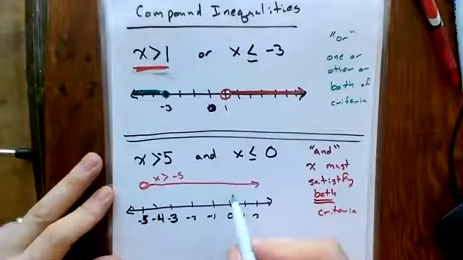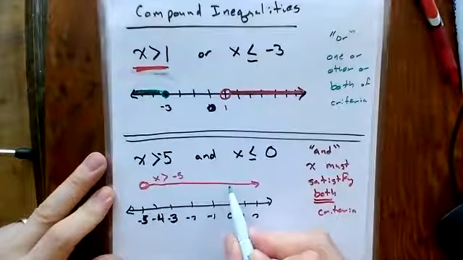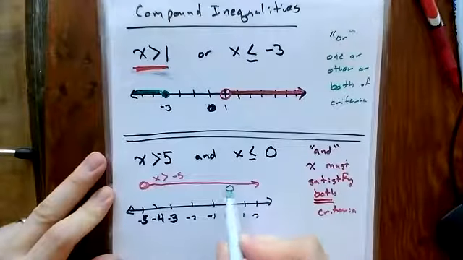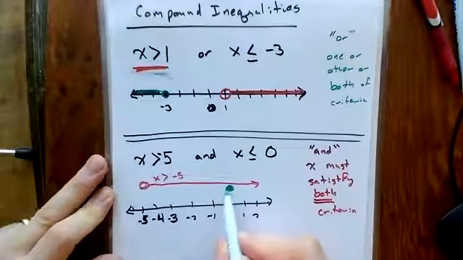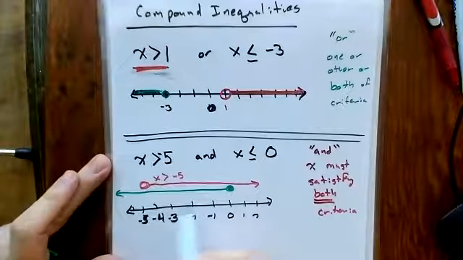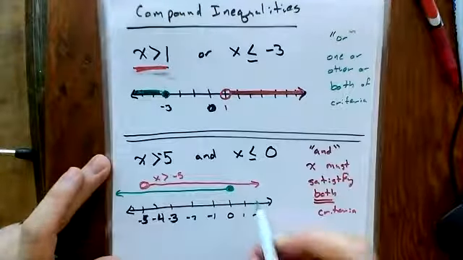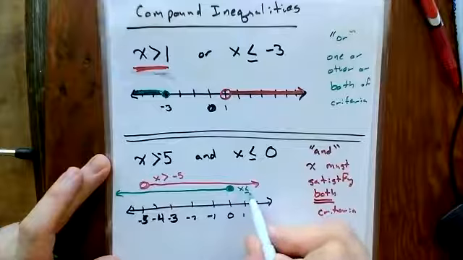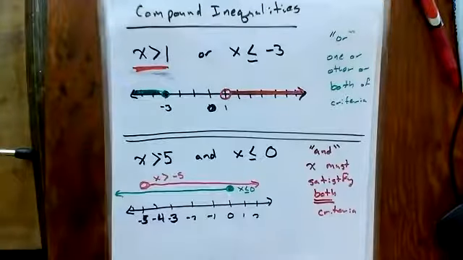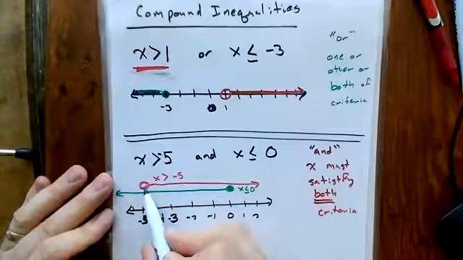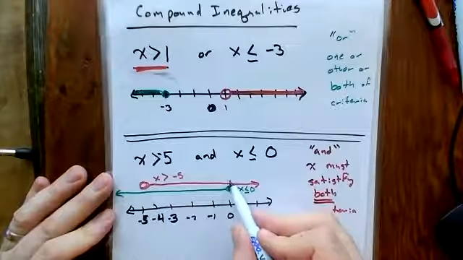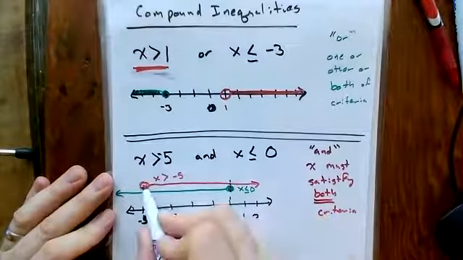x is less than or equal to 0. So it could equal 0, or it's going to be less than. So in order for this to have both, so this is our x is less than or equal to 0. In order to satisfy both, it's literally going to be just these places where these overlap.